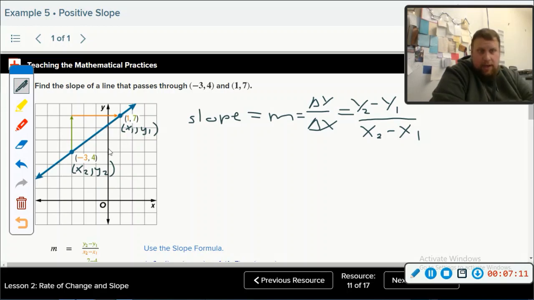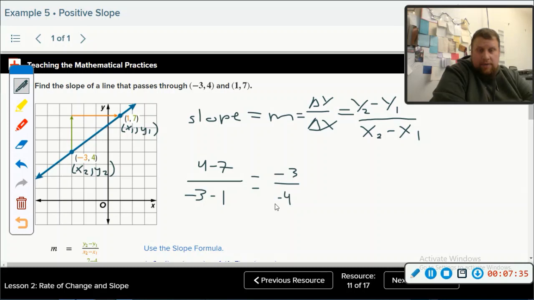So let's do this. If I'm going to do my y2 minus y1, I'm going to have 4 minus 7, right? All over my x2 of negative 3 minus my x1 of 1. And what do I get? I get 4 minus 7 is negative 3. And negative 3 minus 1 is negative 4.